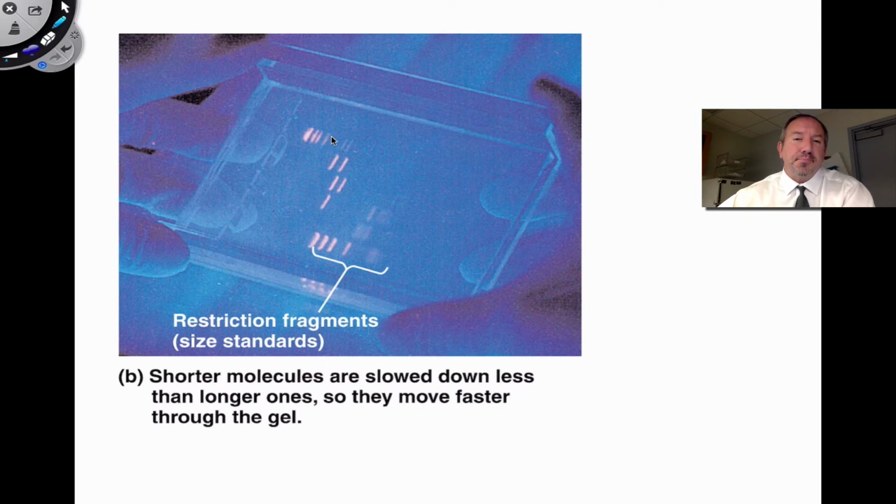And again, this is what it looks like when you're actually looking at it on top of the ultraviolet light illuminator. The bands using particular dyes, something like ethidium bromide, for example, cause the DNA to fluoresce like this, so it's pretty cool. So what can be said is these are smaller pieces. The shorter molecules are slowed down less, so they migrate further, and these are the bigger ones over here.